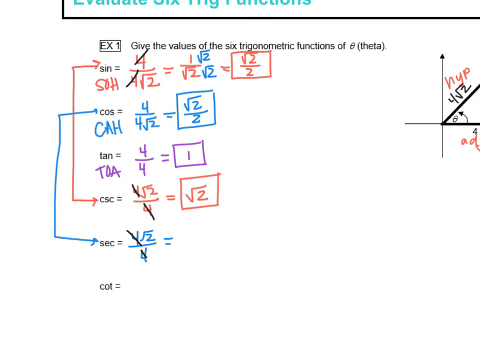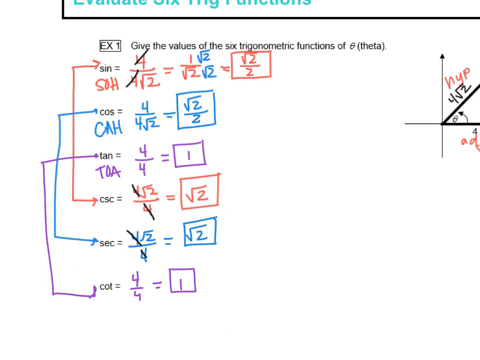Similar to what we just did, those 4's are going to cancel, leaving us with just the square root of 2. And last we have our cotangent. Cotangent and tangent, those go together. That's the one that makes the most sense right here. So we take our tangent answer and we flip it. We had 4 over 4. If you flip that, it's a 4 over 4, and that equals a 1.